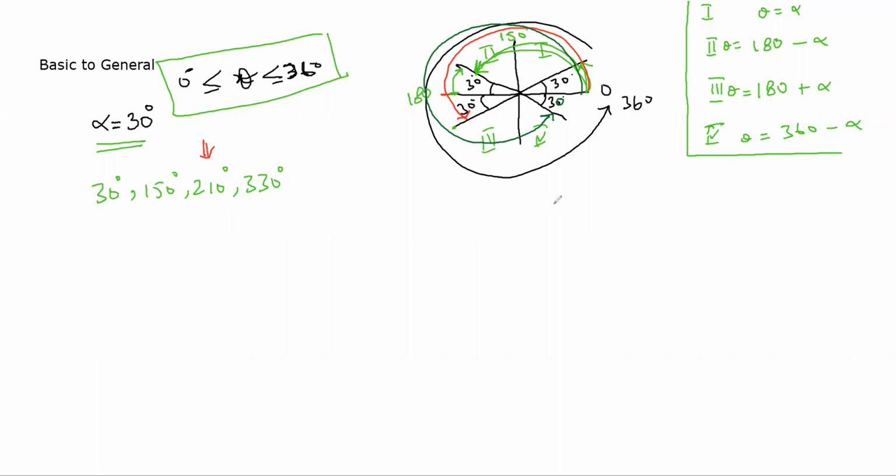Now suppose you have an alpha which is 40 degrees. Can you tell me the general angles for this from 0 to 360 degrees? Can you try that? Okay, so what will be these general angles?